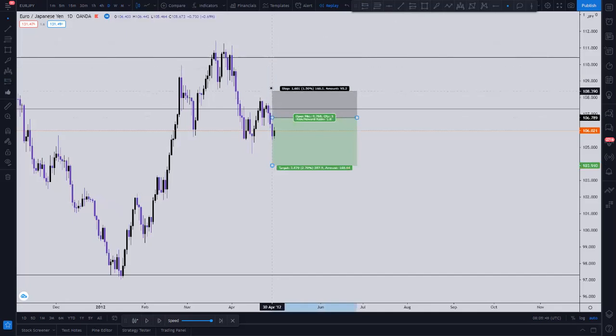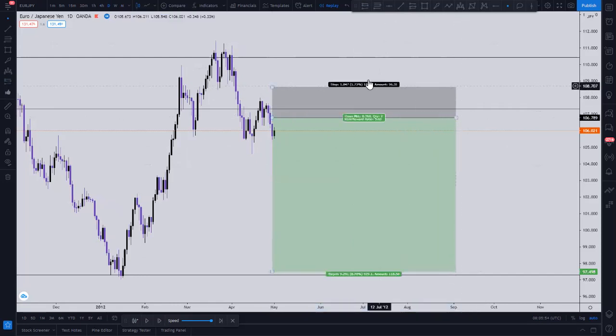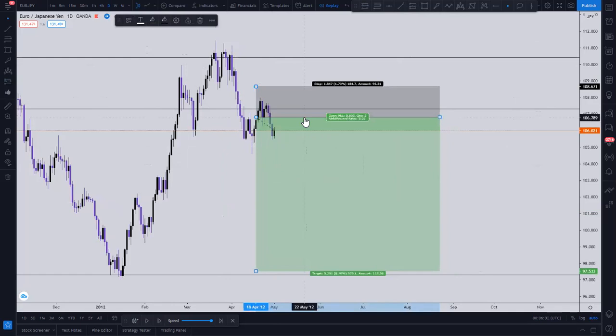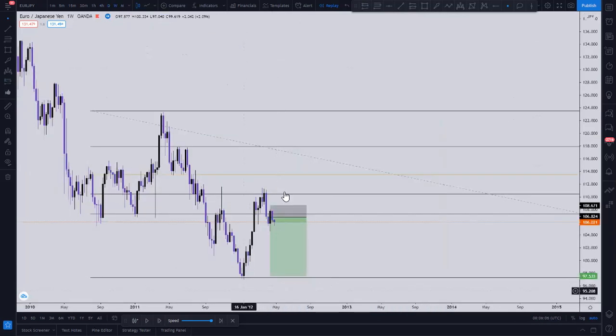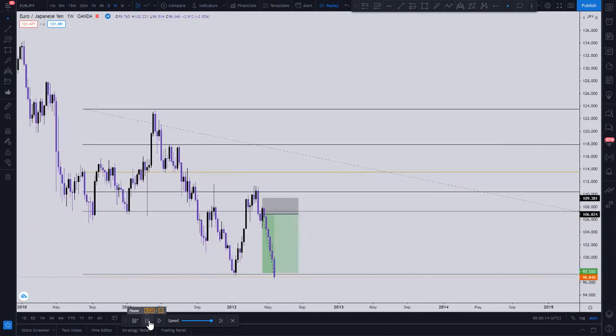Most of the time, your analysis will hardly go up right after you analyze it. You can see that first it gave you a double top, which was supposed to be your entry right here, and this is your second entry. So after that, you just go down and let it run. It will run quickly, just like that.